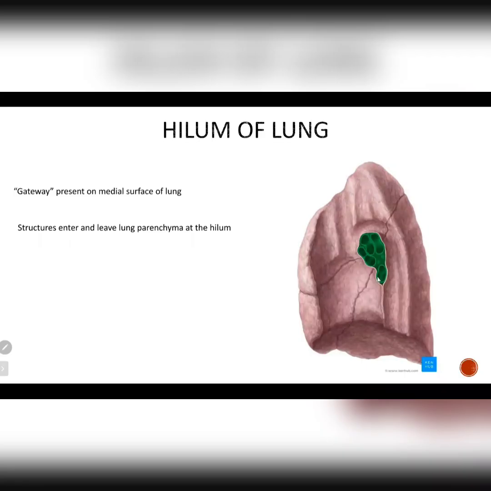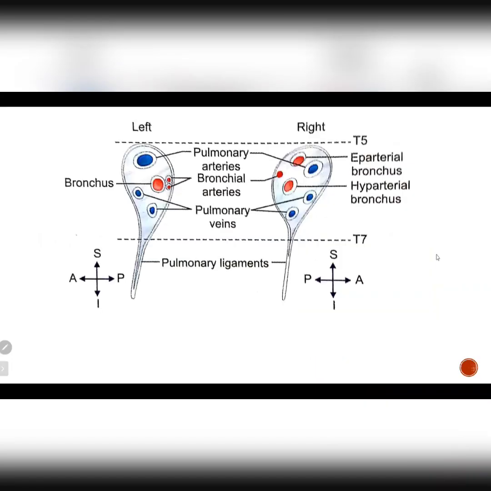This is also a favorite question for your exam. These structures have great clinical importance as well. So this is the diagram that you have to learn from your textbook. For all of you, it's a must-know topic. What are the structures present at the hilum of the lung?